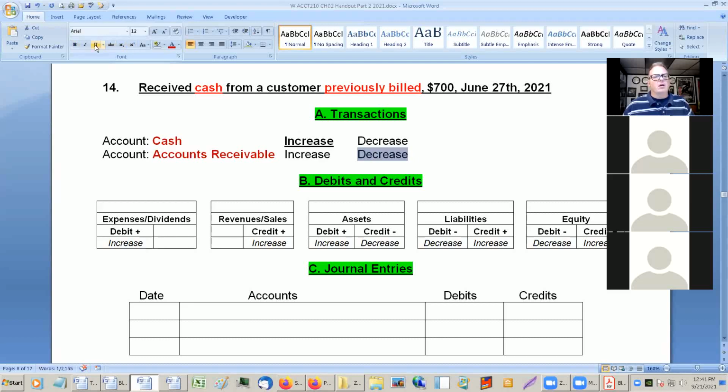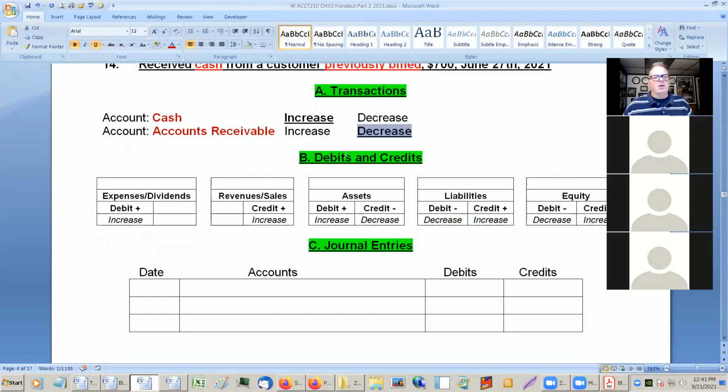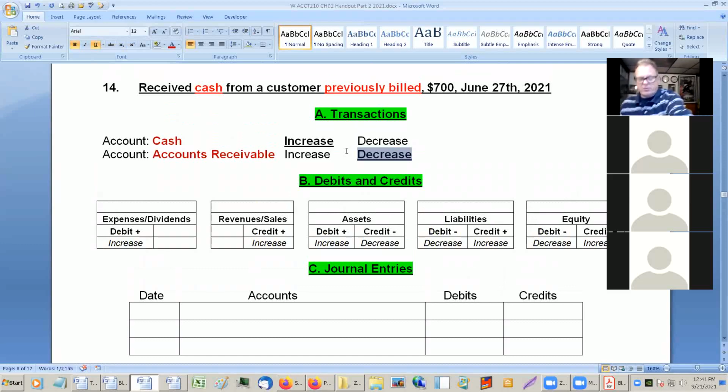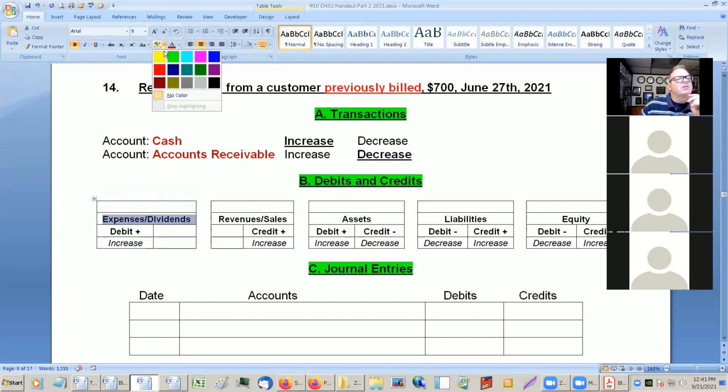Okay, so what kind of account is cash? Asset. Yep. These are the accounts that we have to choose from. I don't know why, but they're yellow.